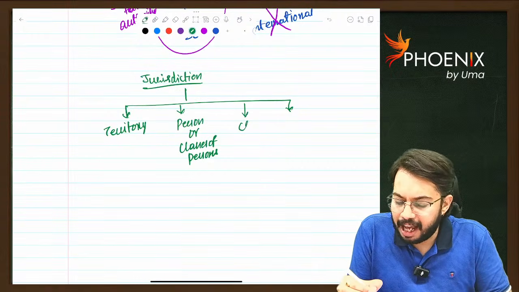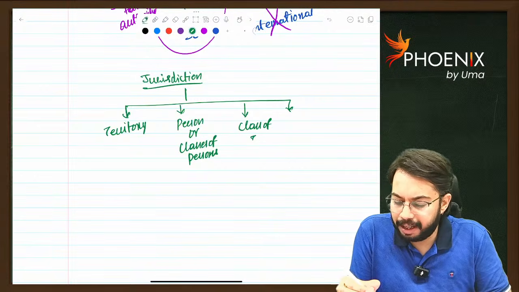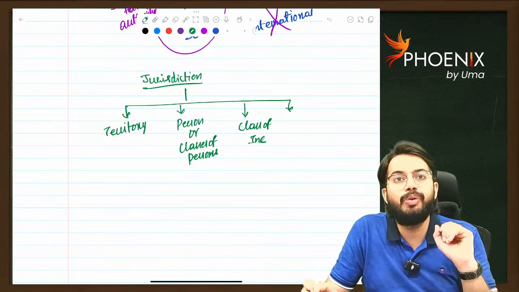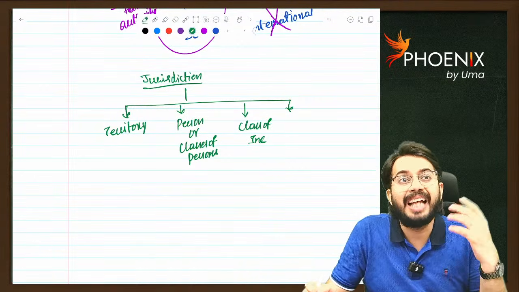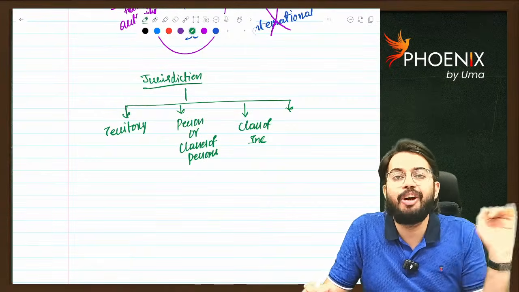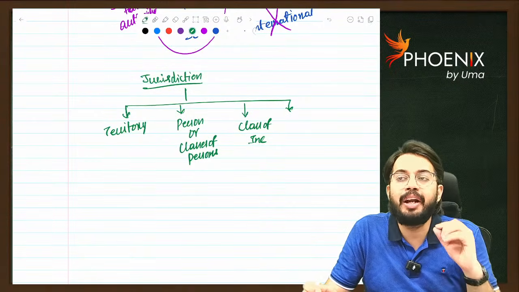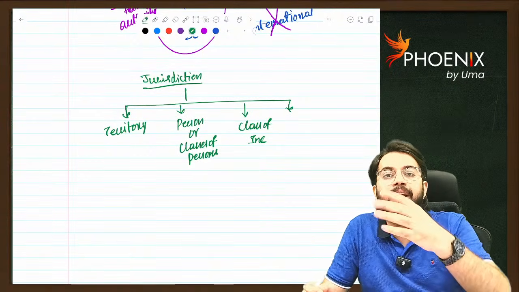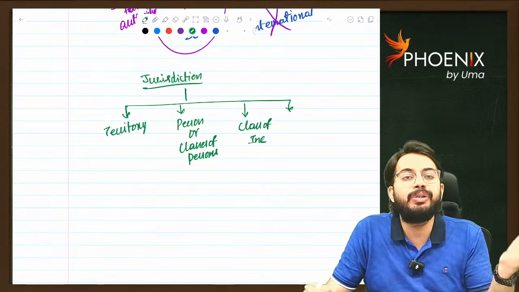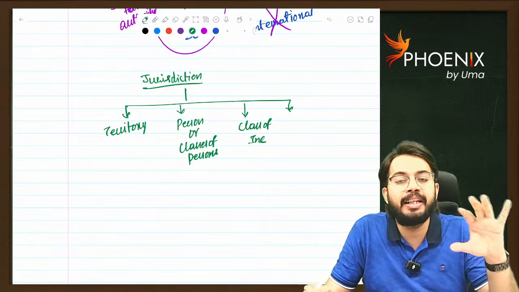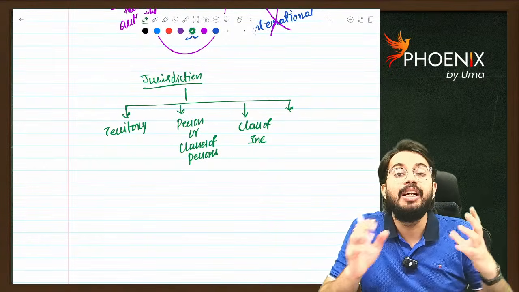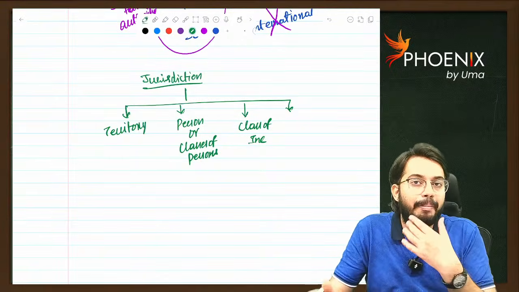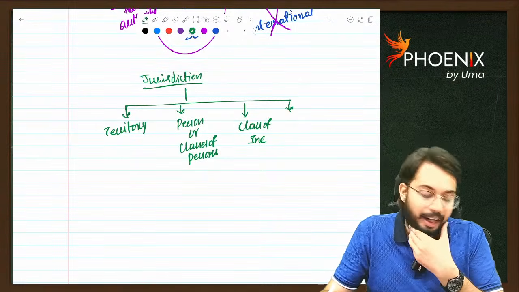Based on class of income. What do you mean by class of income? For all those who are getting salary income, one assessing officer will be there. For all those who are getting profession income, one assessing officer is there. For all those who are getting house property income, their cases will be dealt by one assessing officer. That means jurisdiction can also be determined based on class of income.